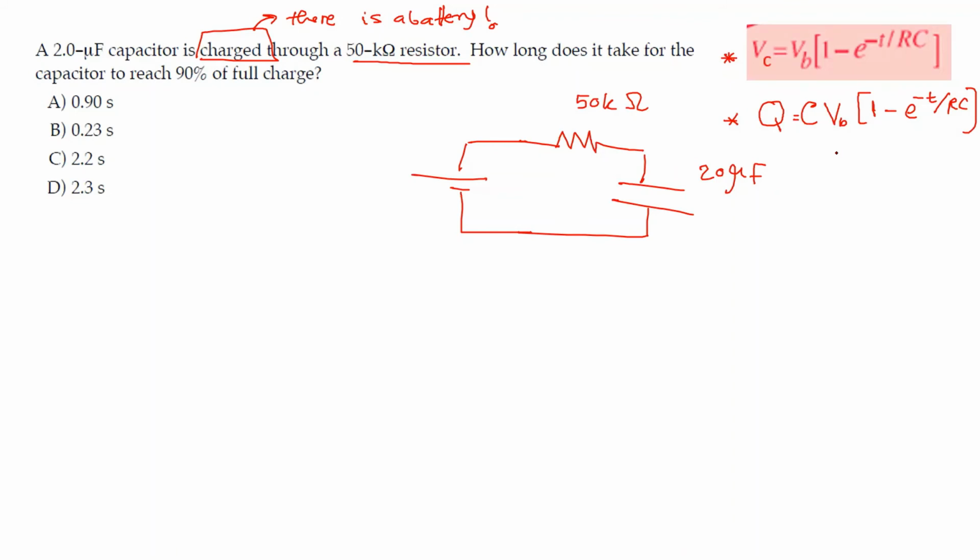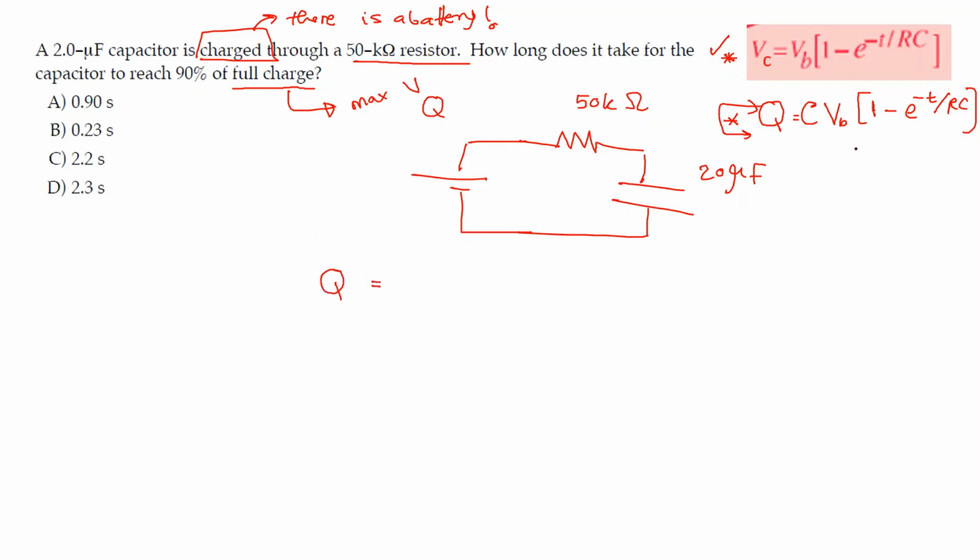So fully charged means what? Fully charged means you have reached the maximum, either voltage or the charge, right? So we can use both the equations. So I'll use this for now. But even if you use this, you will get the same answer. So this is my equation.